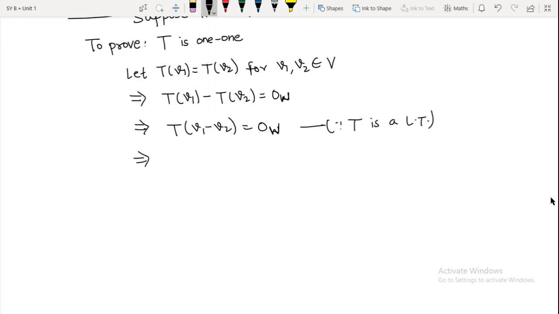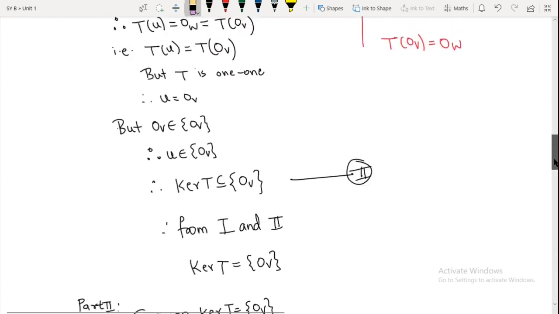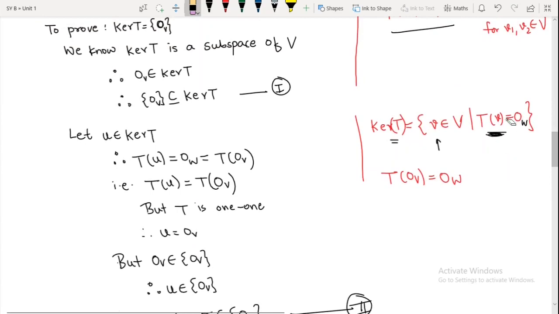Now note one thing, we are having the image of some element equal to 0. Whenever T of v is equal to 0, where is this v present? This v is present in kernel of T, right?